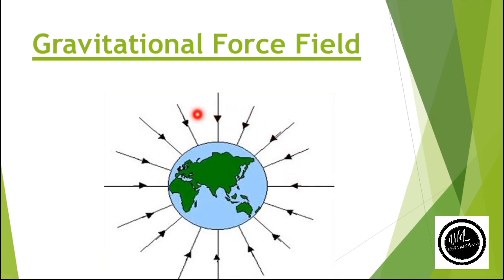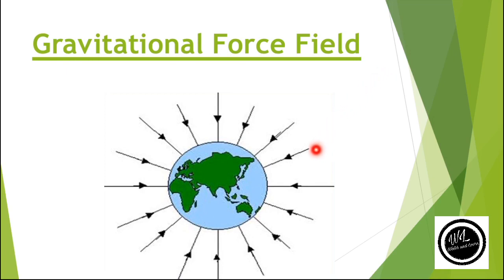The crowding of arrows closer to the Earth indicates that the magnitude of force is larger closer to the Earth, and it is smaller when the body is moving away from the Earth. The magnitude of Earth's gravitational field decreases as the object moves away from the Earth's center.